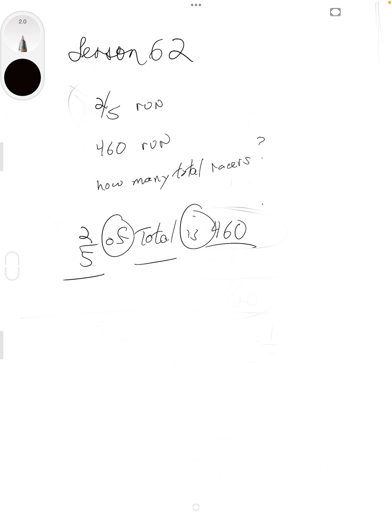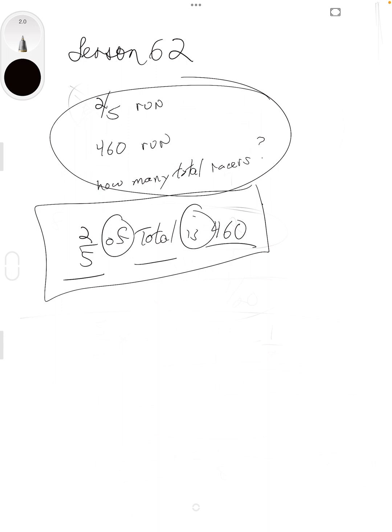So in this particular problem, what you're doing is rewriting the information into a math sentence, of which we know that 2/5 of means times. We don't know this, so we'll give it x, equals 460. Okay, now just multiply both sides times 5 halves.